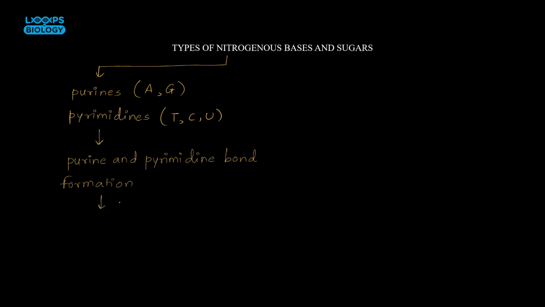Now, if we are talking about the bonding pattern, then adenine can bind to thymine through a double bond, or adenine can bind to uracil through a double bond. So basically, in the case of RNA, thymine is replaced by uracil. And if we are considering cytosine and guanine, then guanine will be binding with cytosine through a triple bond.